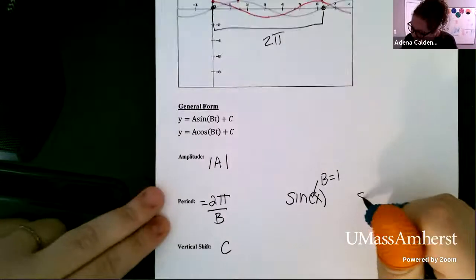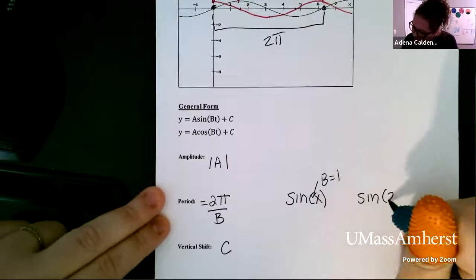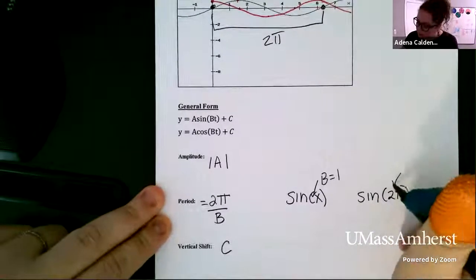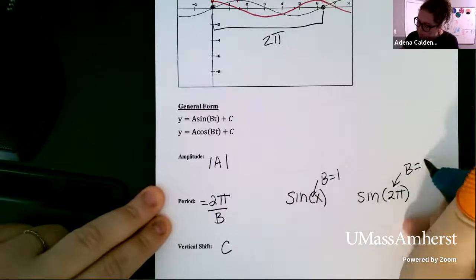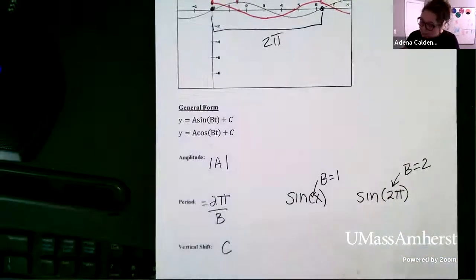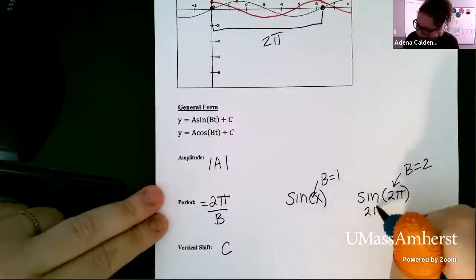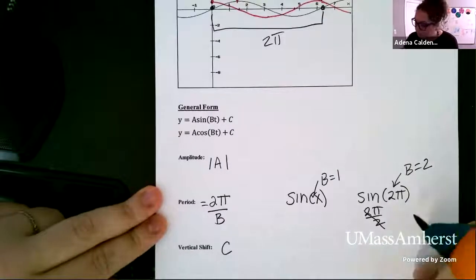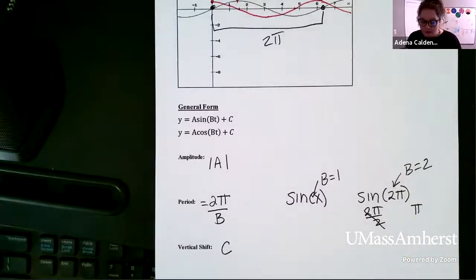If, however, we had sine of 2x, my b equals 2. And so now my period would be 2 pi over 2. The 2's are going to cancel, and my period is going to be pi. So that means that by multiplying by 2 in here, it shrinks my graph because I complete the entire period by pi instead of 2 pi.